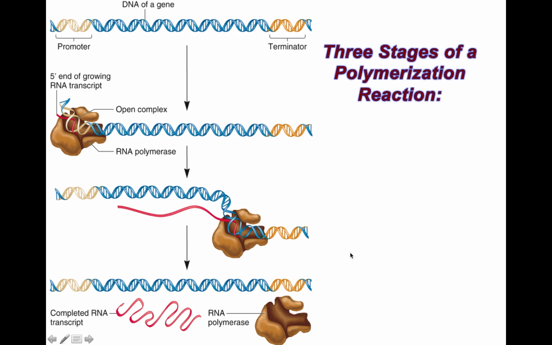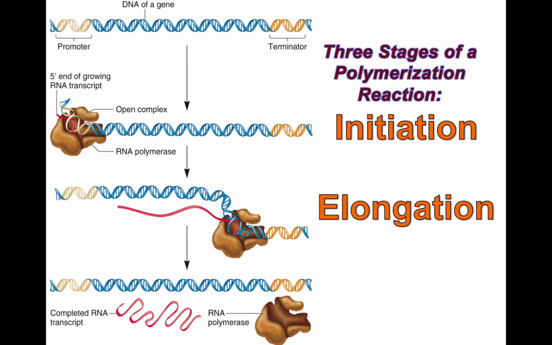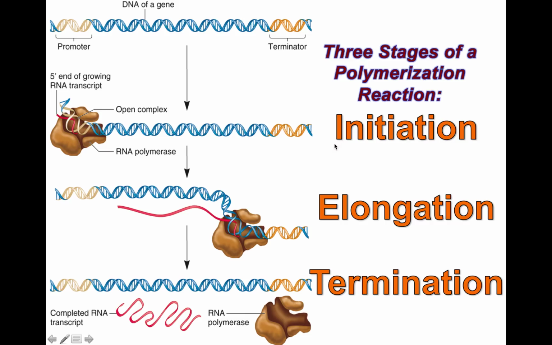All polymerization reactions have 3 steps. We saw the same thing for DNA synthesis: an initiation reaction, an elongation reaction, and a termination. We mostly focus on the initiation and the biochemical process of the elongation steps. And we'll also take a closer look at transcriptional termination. So here's a gene.